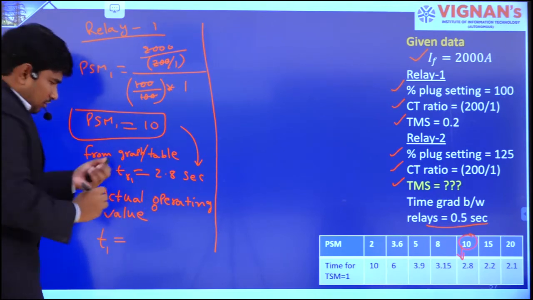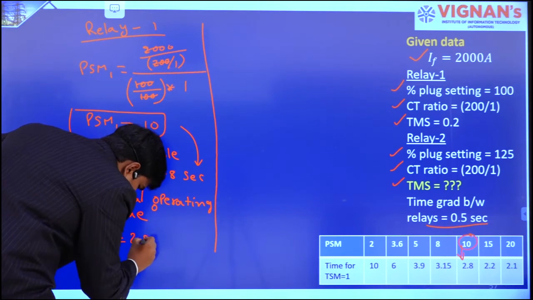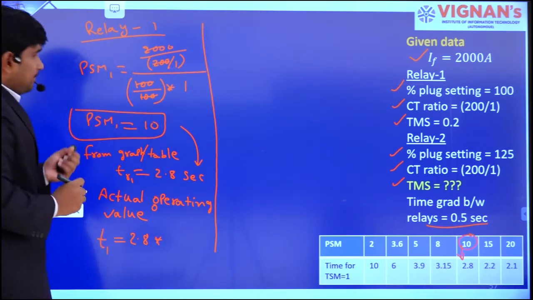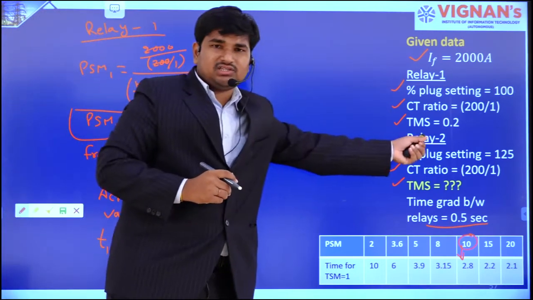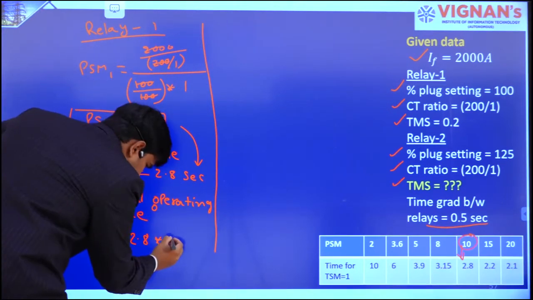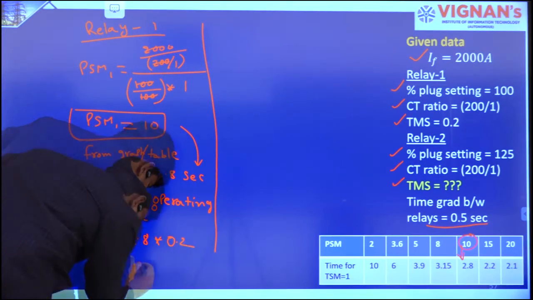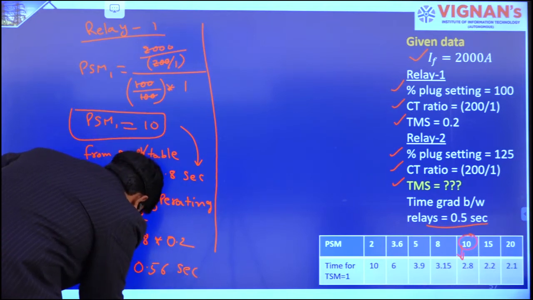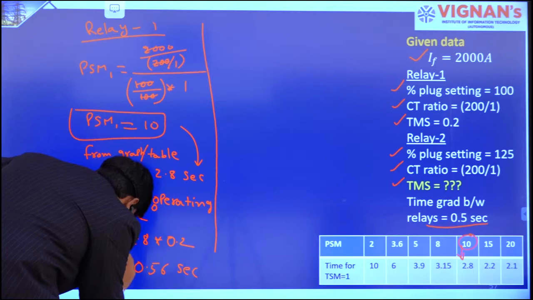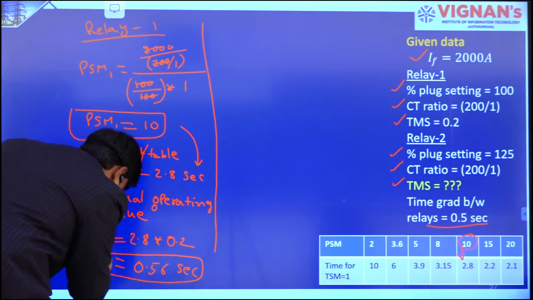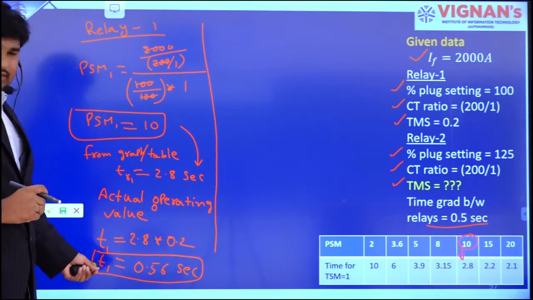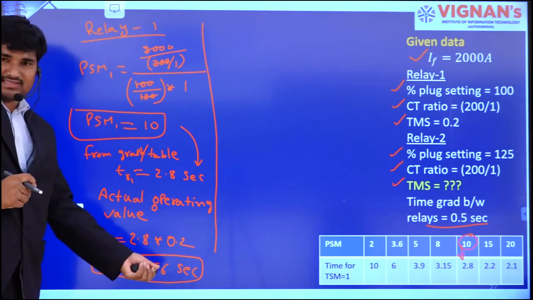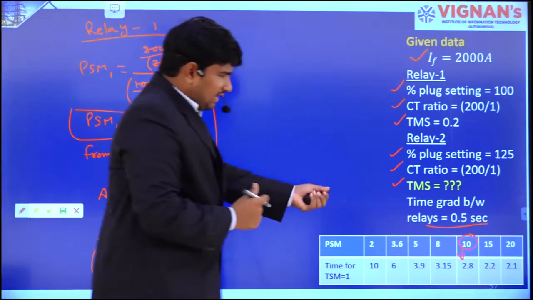So T1 is equal to 2.8 into the TMS of relay 1, which is 0.2, and it becomes 0.56 seconds. So I got T1 as 0.56 seconds.